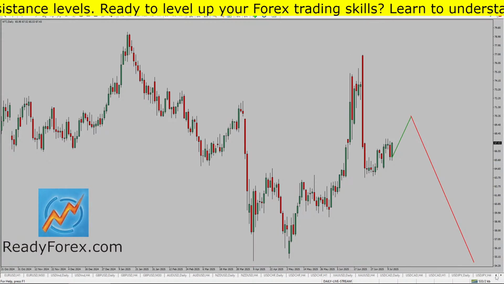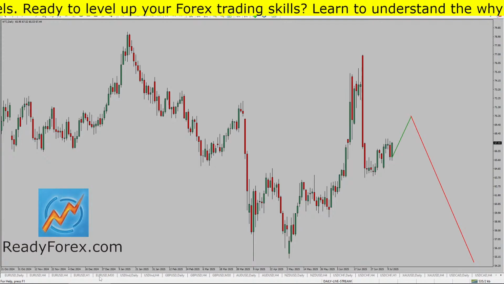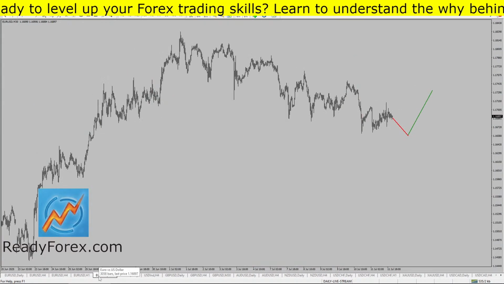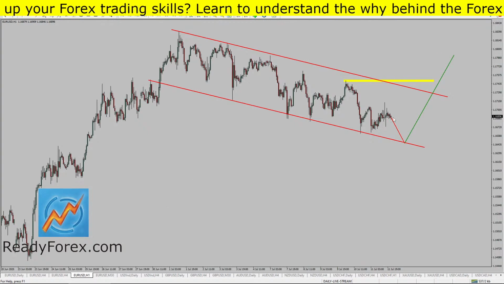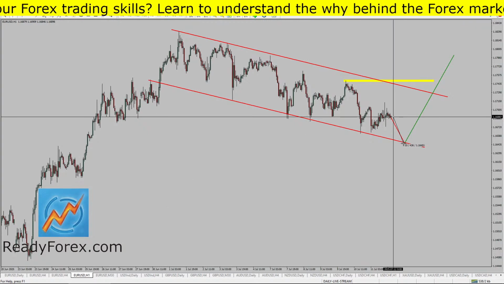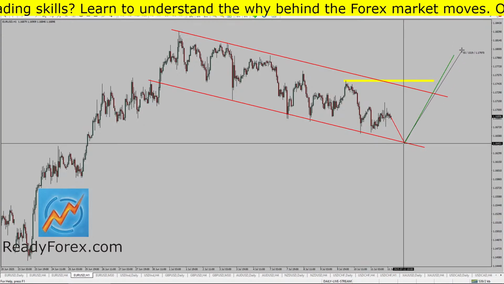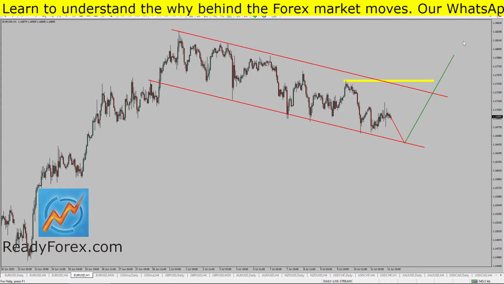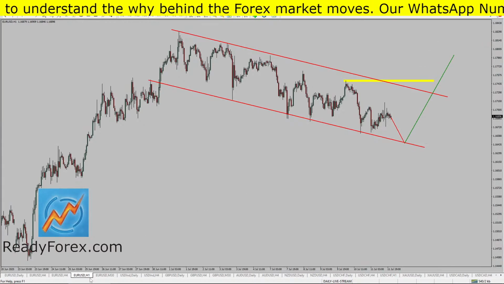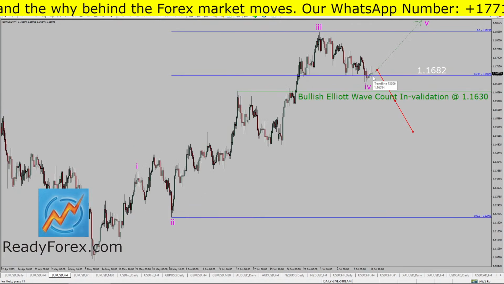Let's go back to the euro dollar currency pair. So EURUSD, the way I see it, is probably going to print a new low, and then the chances are high that price action is going to rise up from these lows. But I also mentioned that the drop should not be deep enough.